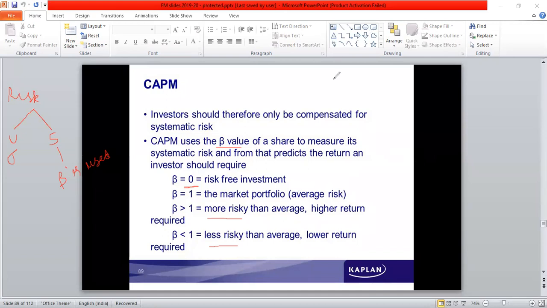Yes, RDs too. So there are certain investments which have absolutely no risk involved, beta equal to 0. If beta is equal to 1, it is average risk, greater than 1 more risk, less than 1 less risk.